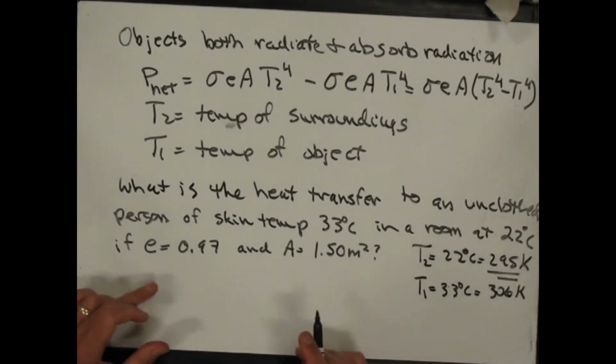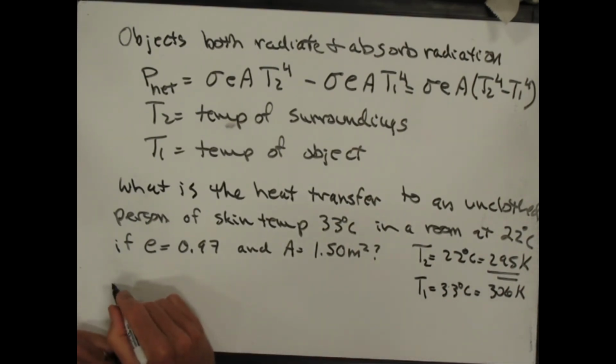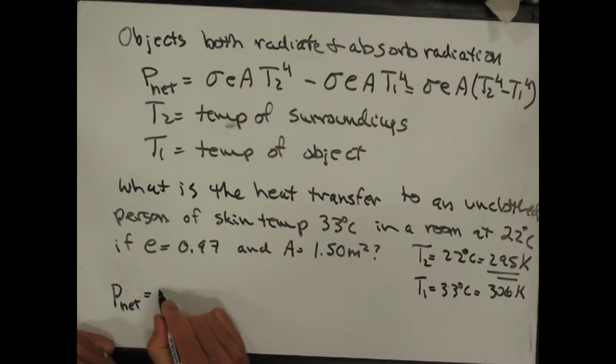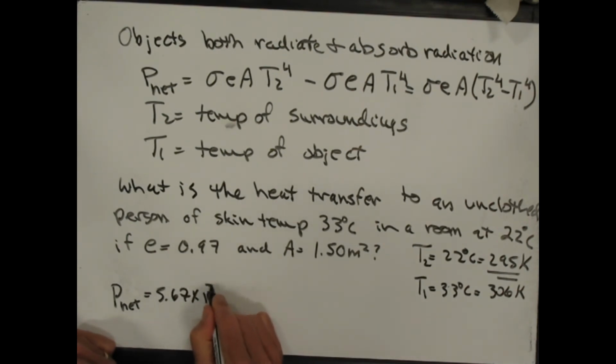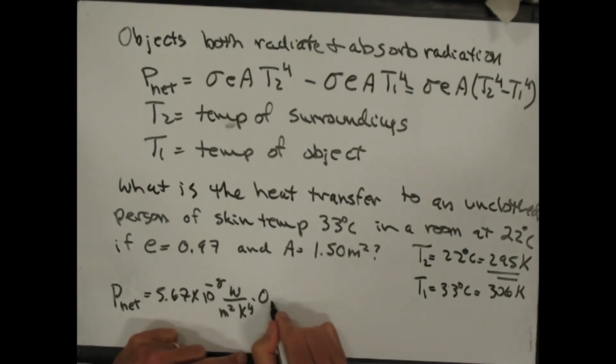Let's make that a capital K. And so then my net power is 5.67 times 10 to the negative 8 watts per meter squared Kelvin to the fourth times 0.97.